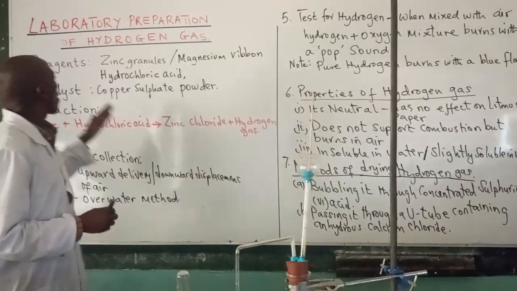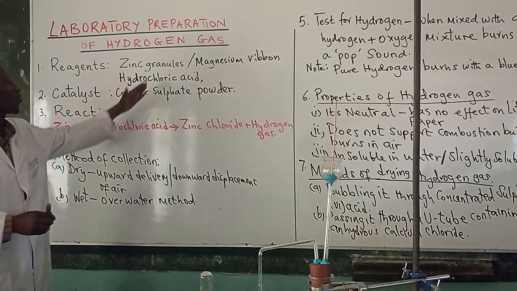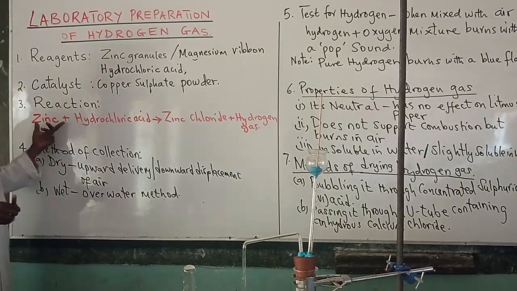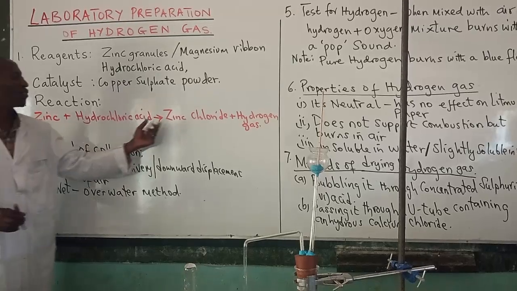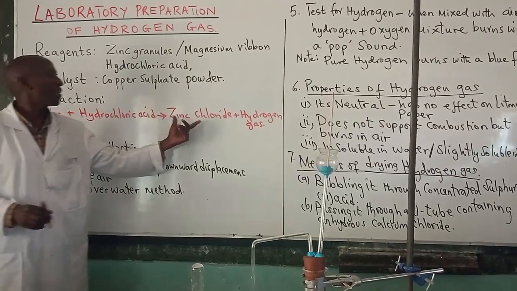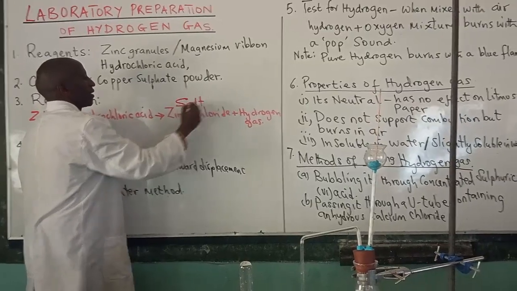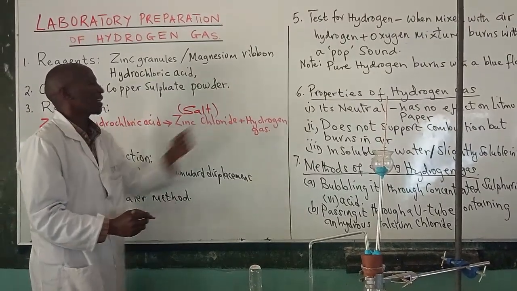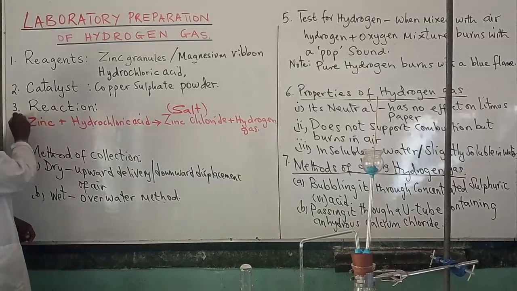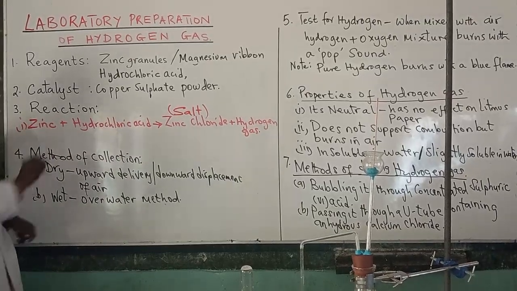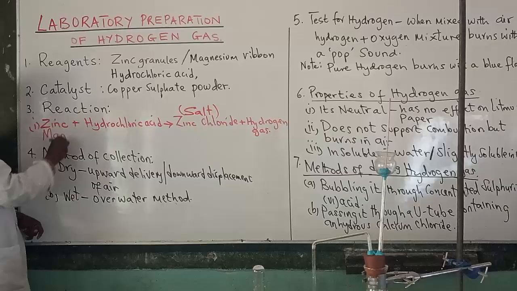Now, let's look at several items in our discussion. Number one, we have talked about this set of reagents whereby zinc and hydrochloric acid may be used, and the products are zinc chloride, which serves as our salt, and hydrogen gas. In our experiment, we have used magnesium.